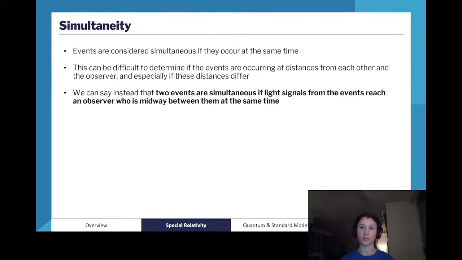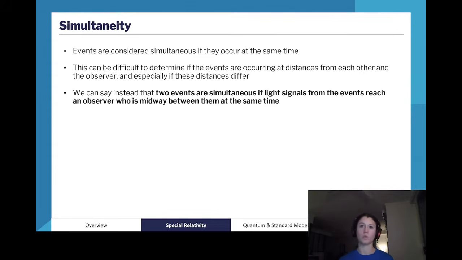So what this essentially means is that if there are two events, and an observer standing directly in the middle between them observes light signals from these two events at the same time, this means that the two events were simultaneous.